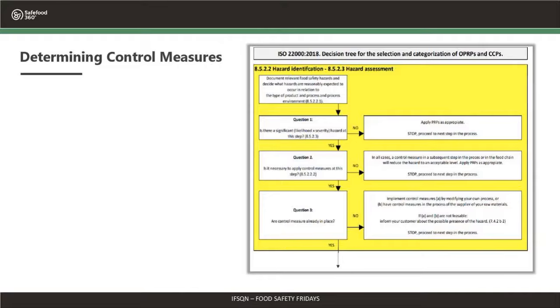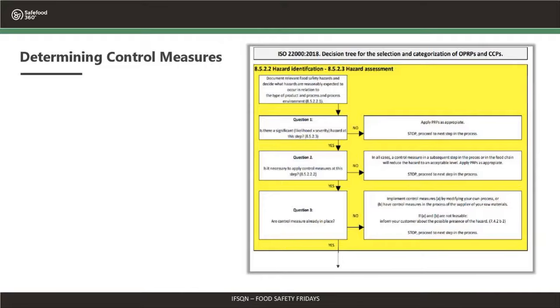Now, if we say yes to that question, we move on to question 3, and it asks, are control measures already in place? If we say no, then it mentions that we need to implement control measures by modifying the process and so on.